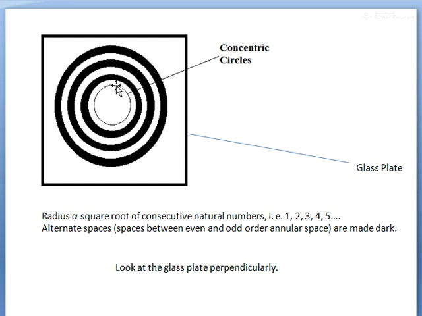So the area between an even and an odd natural number radius, that annular region, I am going to make dark in alternate regions, right? So one is bright, one is dark, one is bright, one is dark. In this way, I am going to draw the alternate dark and bright circular bands.